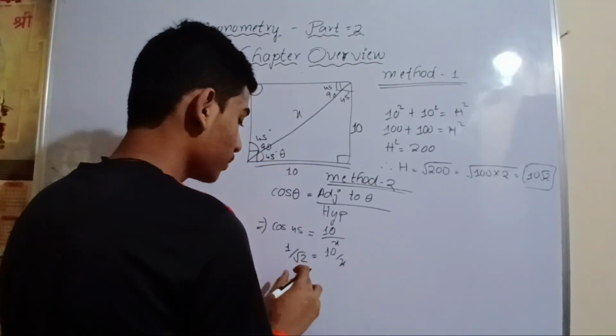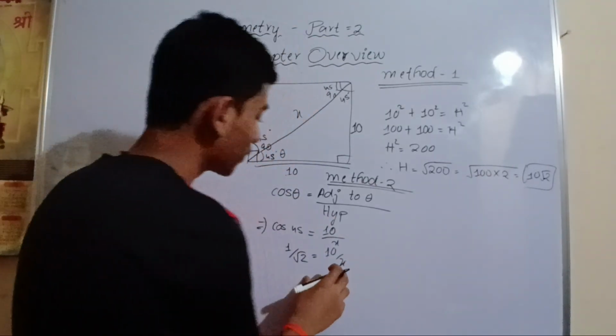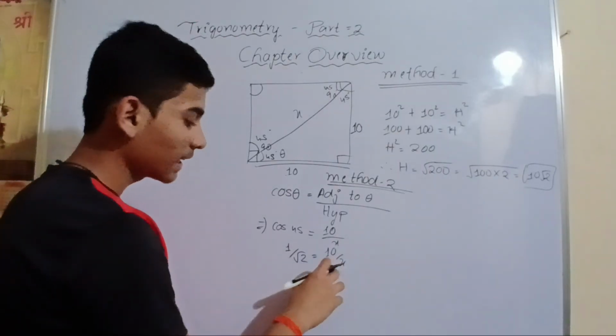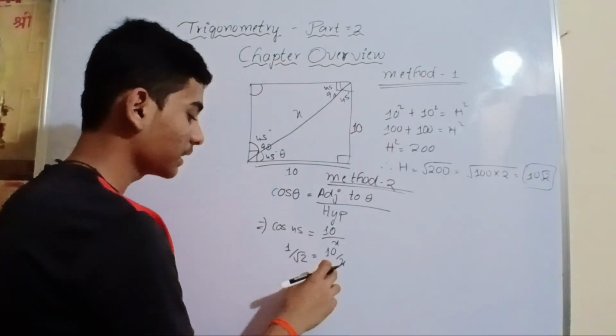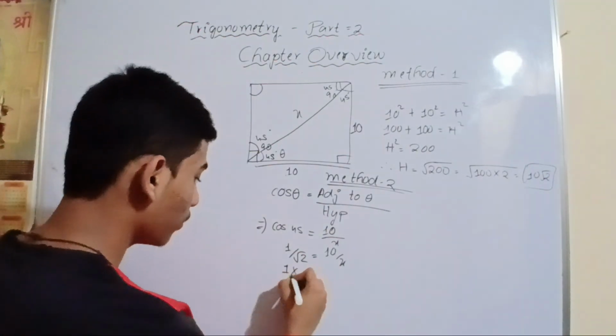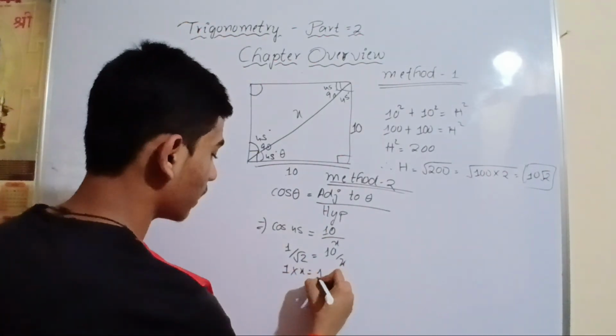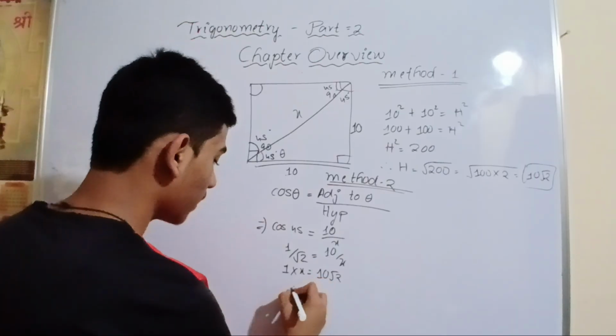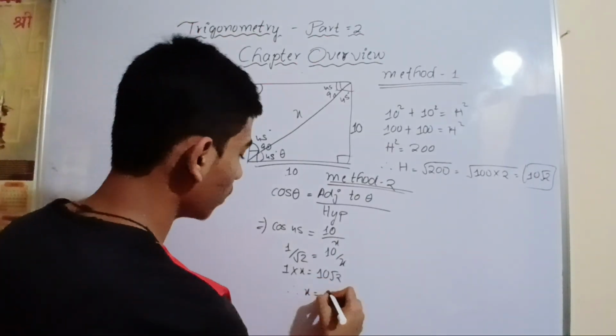By transposing these two here and these two here, we get x multiplied by 1 here, and root 2 multiplied by 10. Therefore 1 into x equals 10 root 2. That's nothing but x equals 10 root 2.